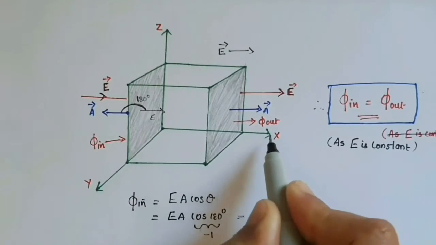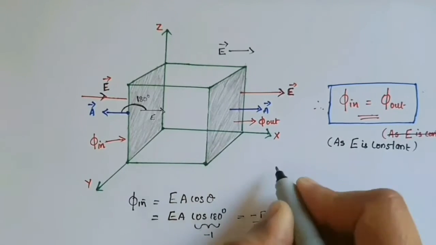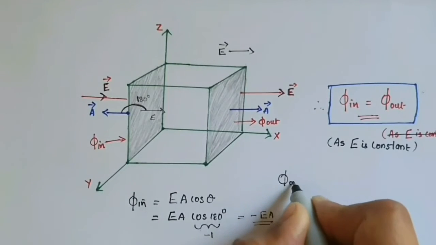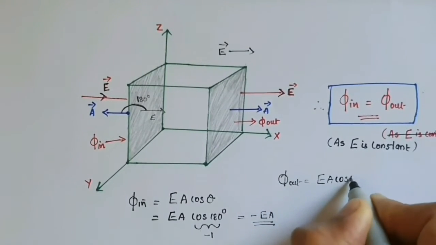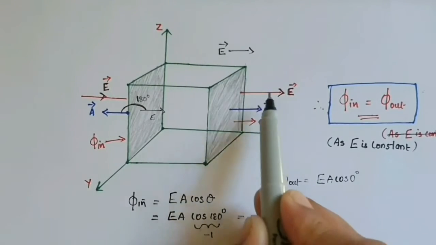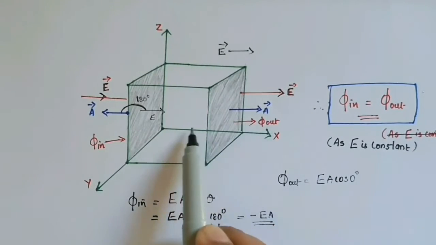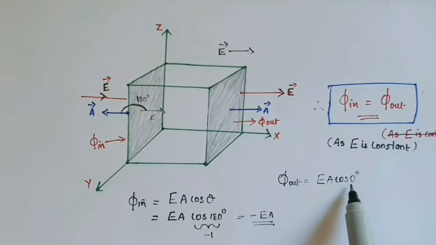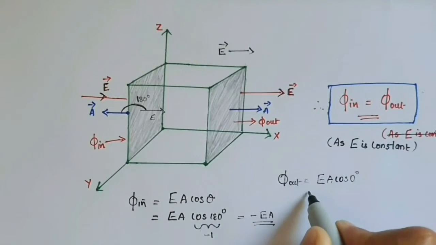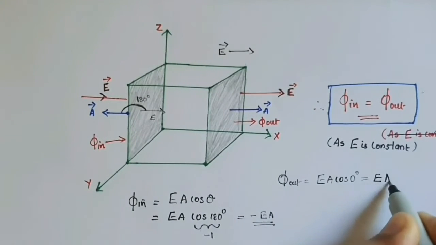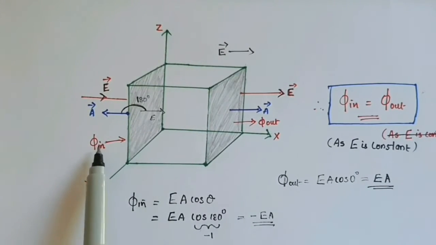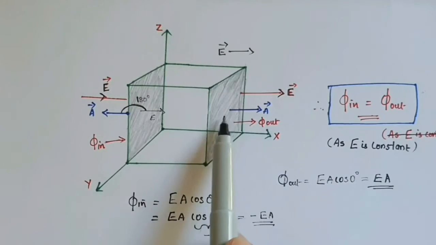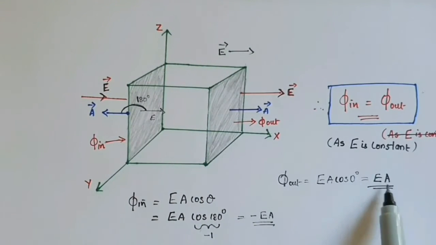Similarly, the flux that leaves out through the right face, phi out, is equal to EA cos 0 degree, because electric field and area vector both are acting along x direction. Therefore, cos 0 degree is 1, and this is equal to EA. Therefore, the flux that enters the cube is minus EA and that leaves out through the right face is EA.